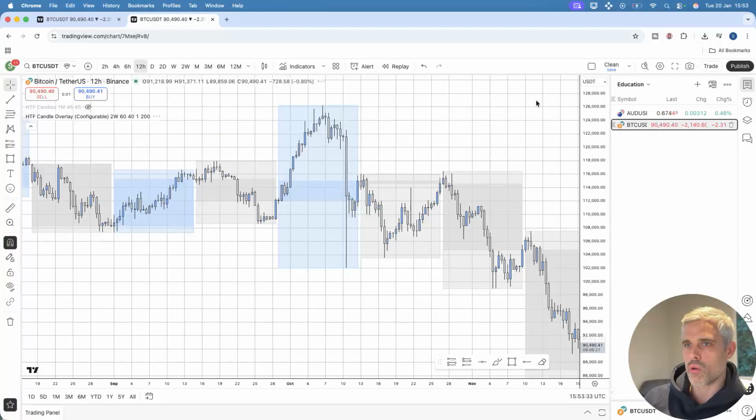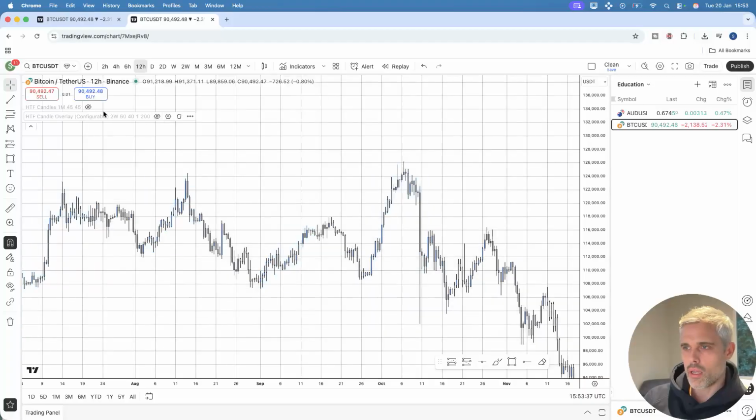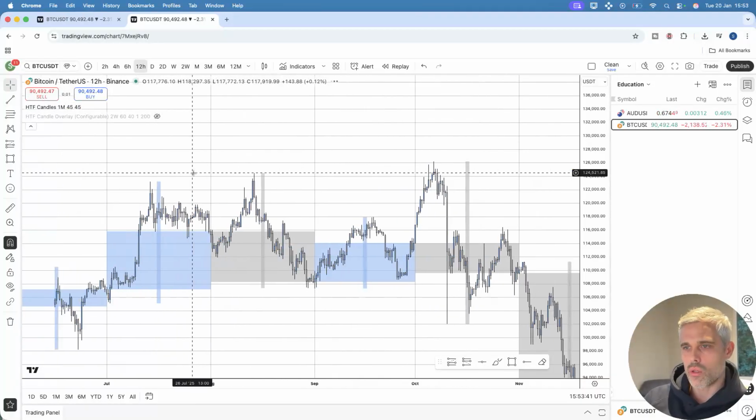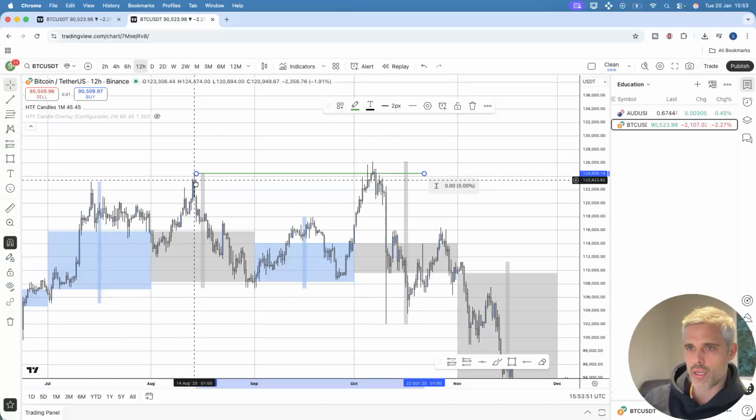You'll see so many examples where price action just doesn't get respected. It's about combining it with the higher time frames. So let's look at Bitcoin USD, and I want to actually look at this area here, which is the all-time high. The all-time high for Bitcoin was always going to be an interesting area because it aligned with this monthly candle's high.